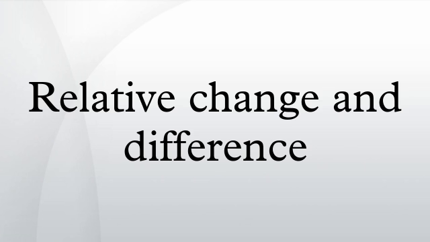Defining relative difference is not as easy as defining relative change, since there is no correct value to scale the absolute difference with. As a result, there are many options for how to define relative difference, and which one is used depends on what the comparison is being used for. In general, we can say that the absolute difference I is being scaled by some function of the values x and y, say f of x, y.